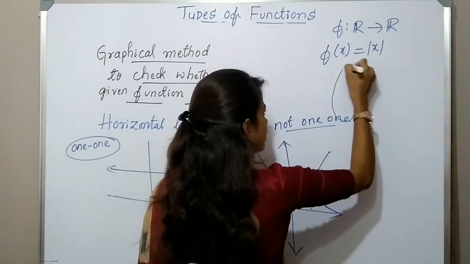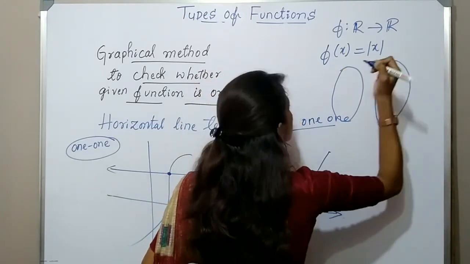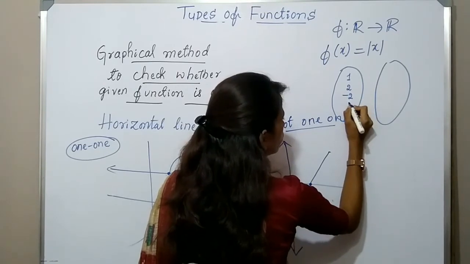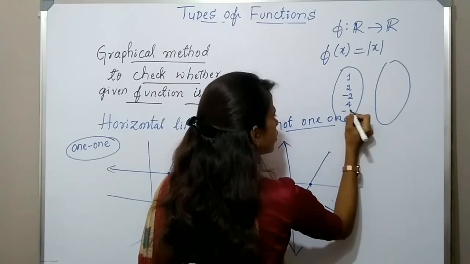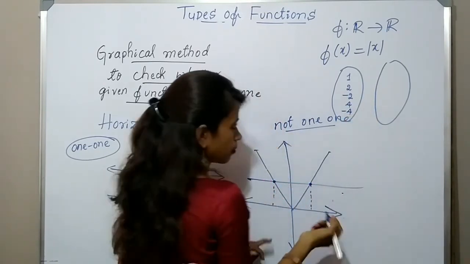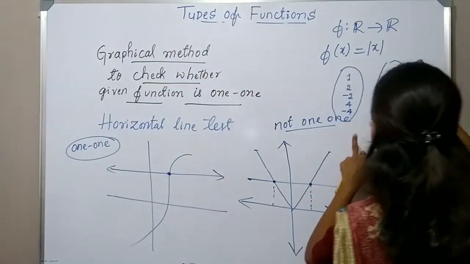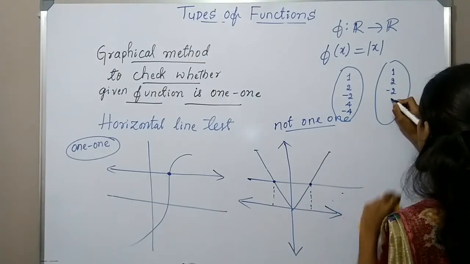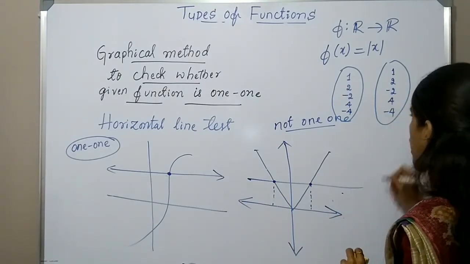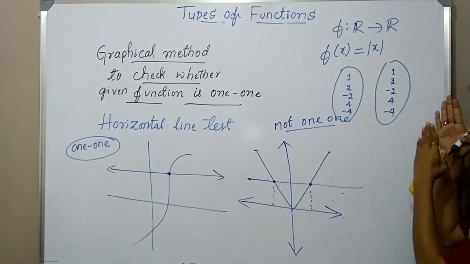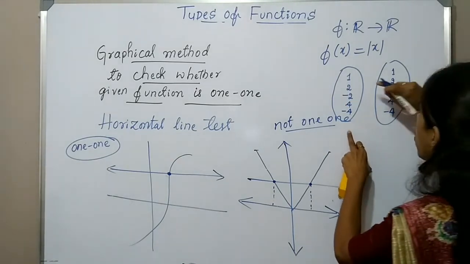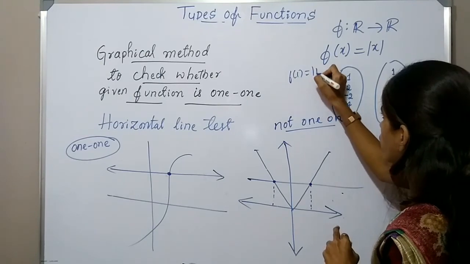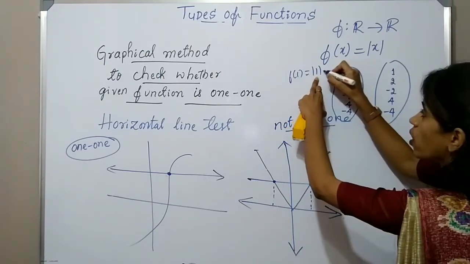That is, if I take an arrow diagram with 1, 2, minus 2 and 4, minus 4, I am taking the same numbers in the codomain also. Here, what is f of 1? f of 1 is modulus of 1, which is 1.